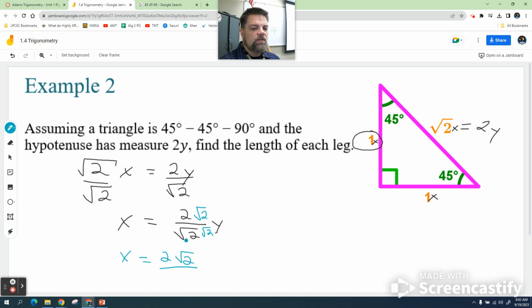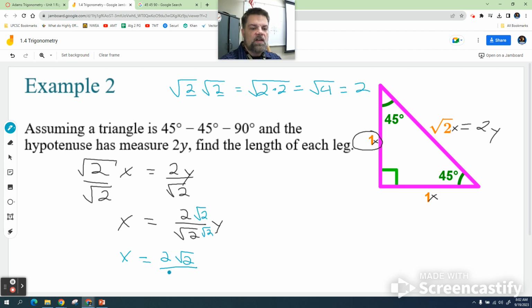What's the square root of 2 times the square root of 2? Well, think of it like this. Let's write this down so you guys can see it. The square root of 2 times the square root of 2 is the same as the square root of 2 times 2, or the square root of 4, which is actually 2. So when you square a square root, you're left with the base, basically.